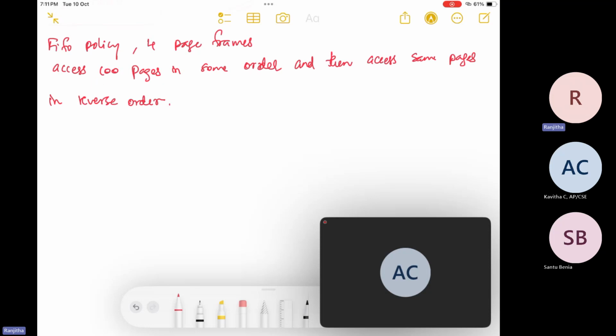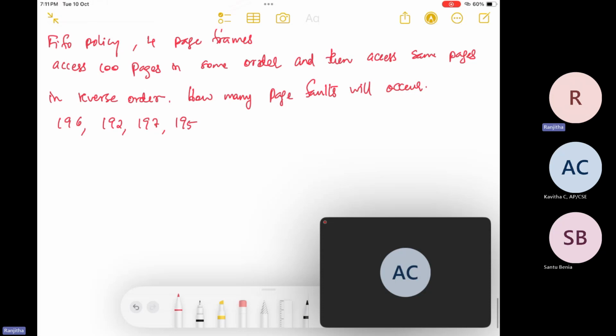Reverse order. Okay. So how many page faults will occur? The options are 196, 192, 197, and 195.